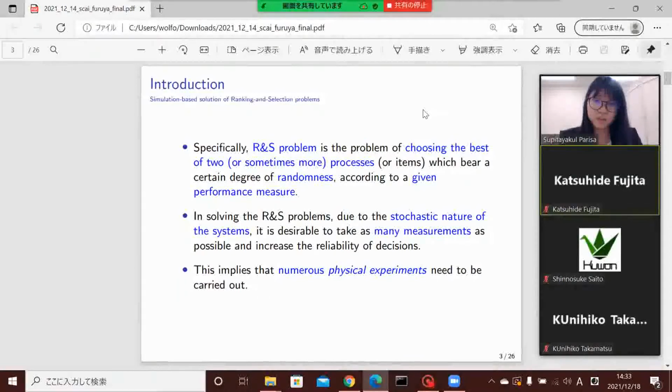In solving the R&S problem, due to the stochastic nature of the system, it is desirable to take as many measurements as possible and increase the reliability of the decision. This implies that numerous physical experiments need to be carried out.